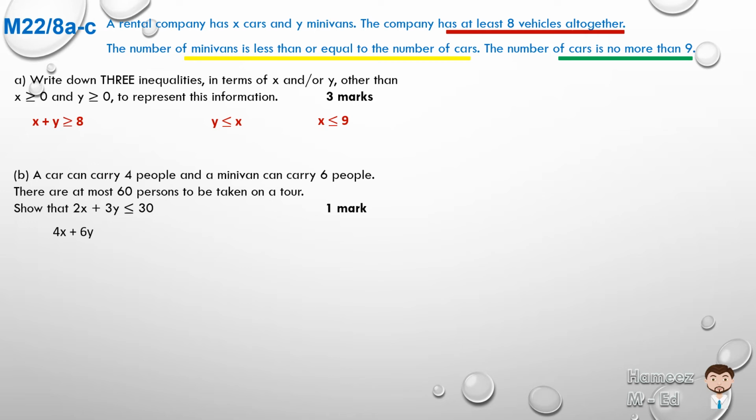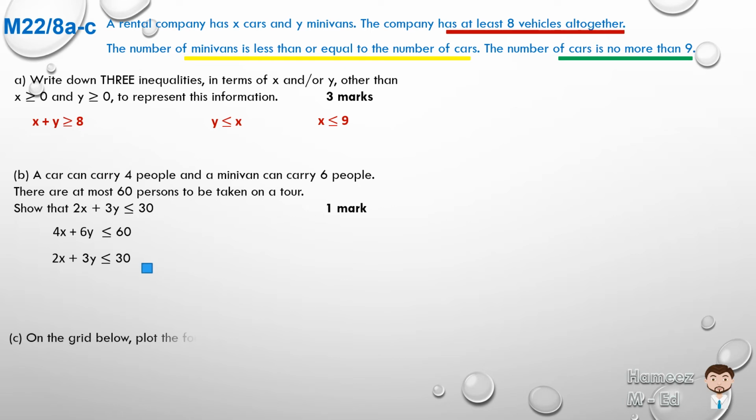So 4x plus 6y is equal to 60 or less than 60, because at most there are 60 persons to be taken. If that's the case, we can divide throughout by 2 on both sides, left side and right side. So that will give us 2x plus 3y is less than or equal to 30. And we have completed the proof.